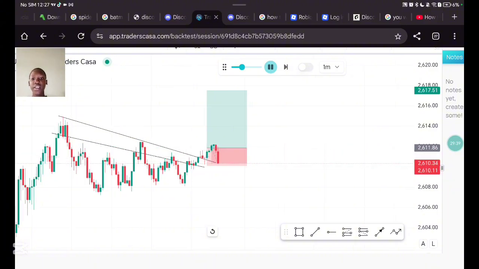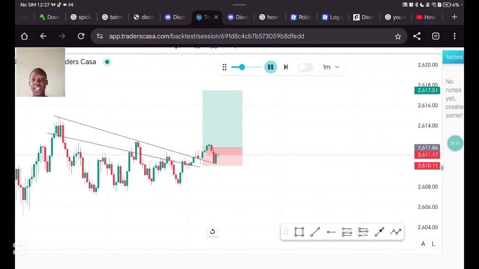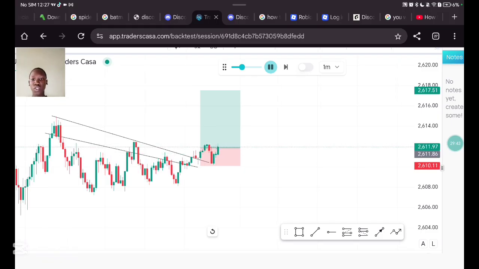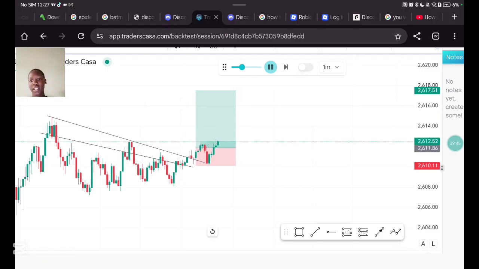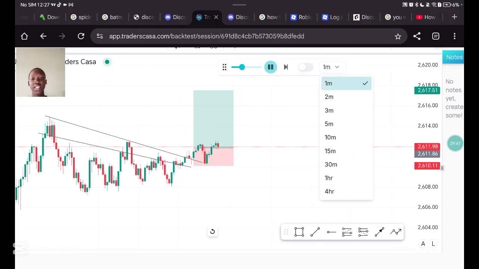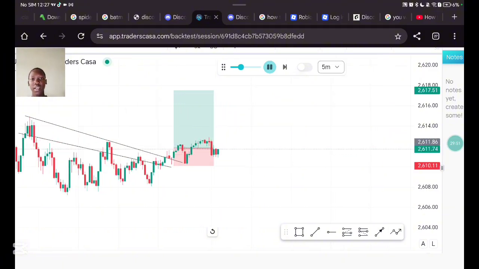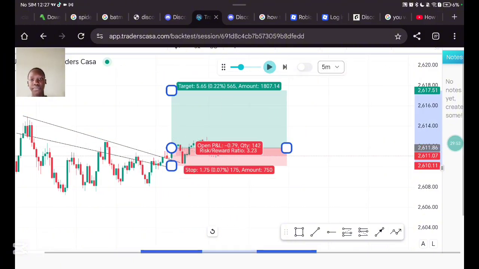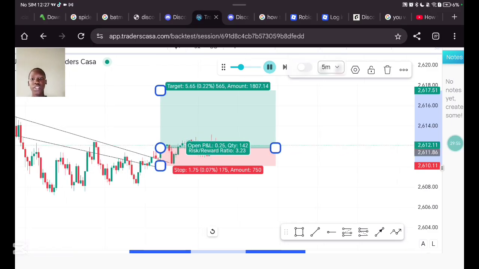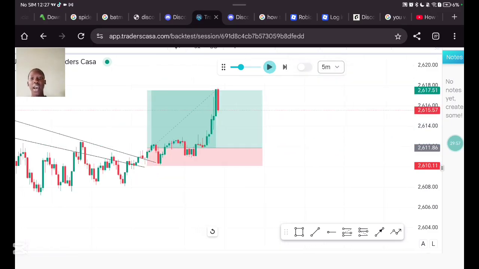Now we are currently in a drawdown, and see, we have put our stop loss perfectly. So let's see if we lose this trade. And boom guys, see, this is gold precision strategy, the perfect way to trade it.